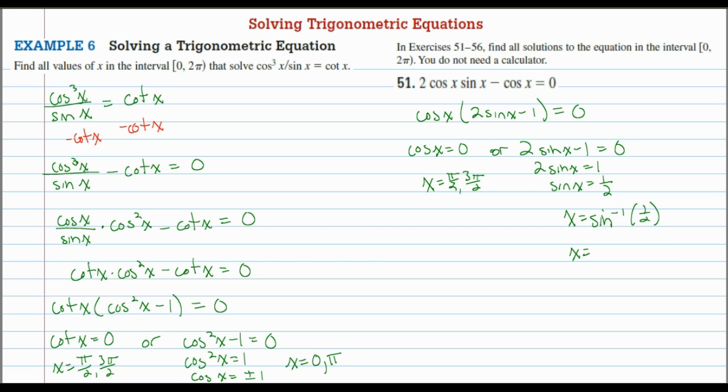And that will be, let's see, I think pi over 6 and 5 pi over 6. Again, we're only worried about angles from 0 to 2 pi. So again, we have four solutions. We have pi over 6, pi over 2, 5 pi over 6, and 3 pi over 2 in increasing order that will solve this equation.